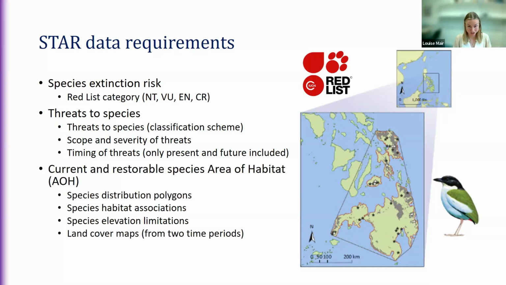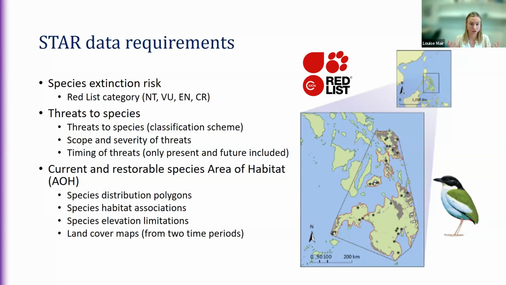STAR is a spatial metric, and to get spatial data, we use current and restorable area of habitat. Current area of habitat is the distribution of habitat that's suitable for the species within its range. Restorable area of habitat is the distribution of natural habitat that would have been suitable for the species but has been lost.